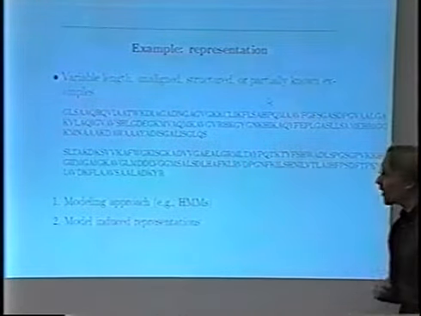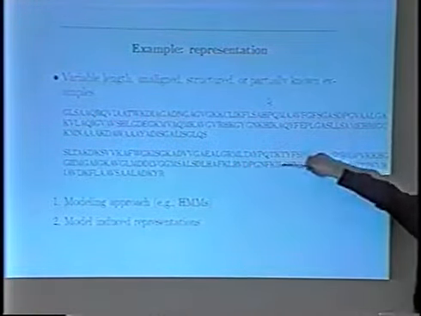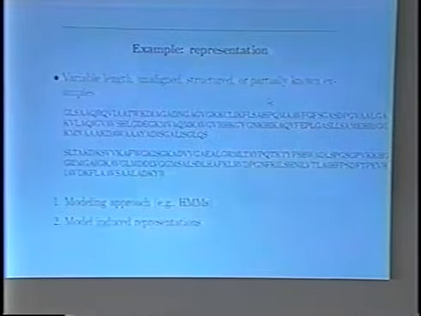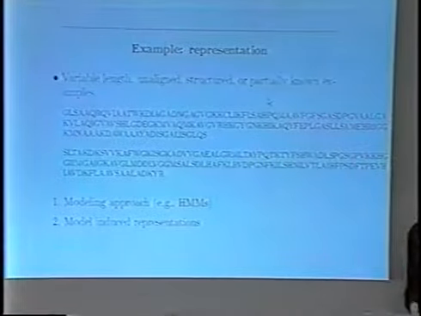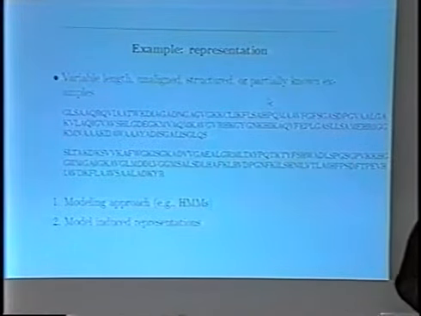Okay, so let's take a couple of examples. Here are two protein sequences of variable length. If you know nothing about proteins, then it's very hard to classify these examples. You don't know how they align to each other. It's not easy to see. To align them, you need some kind of metric and so forth.